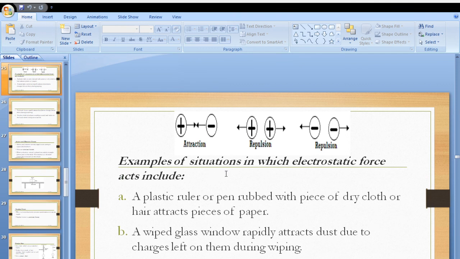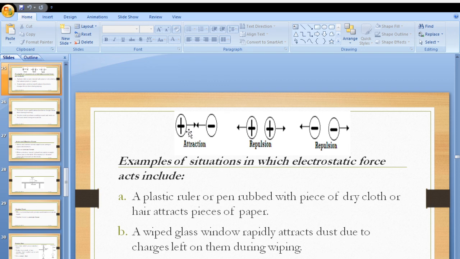Examples of situations in which electrostatic force acts include a plastic ruler or a pen wrapped with a piece of dry cloth or hair attracting pieces of paper. A wiped glass window will attract more dust since it is being charged. Those are the electrostatic force in action.